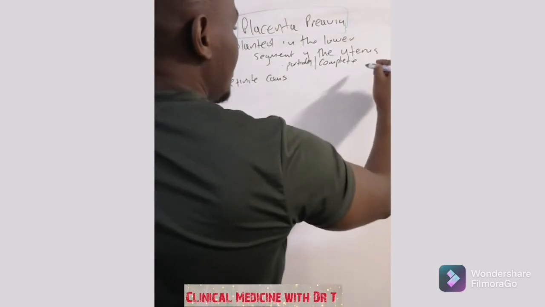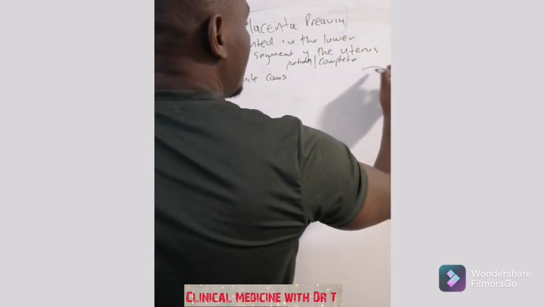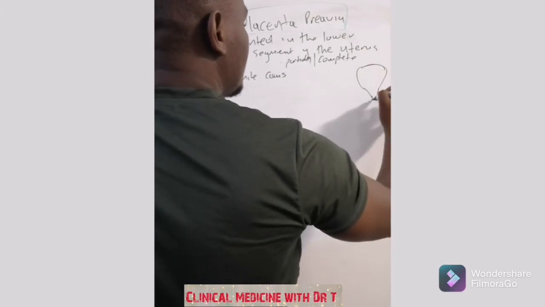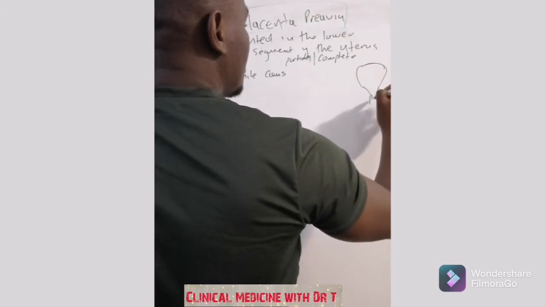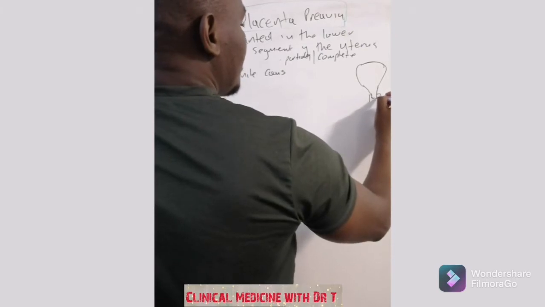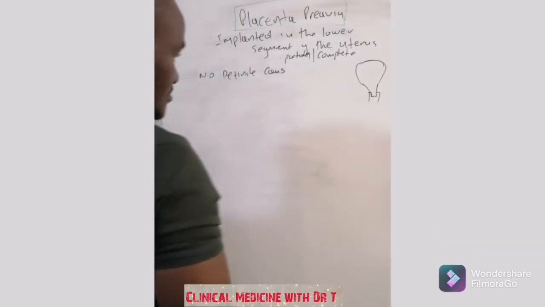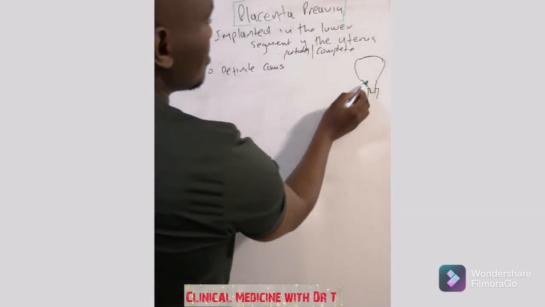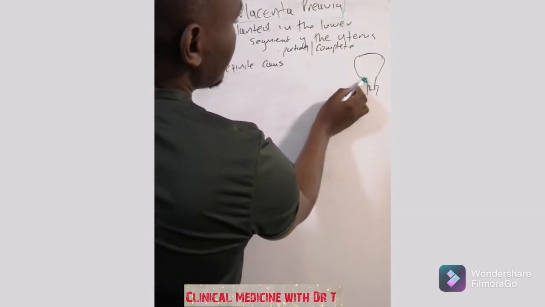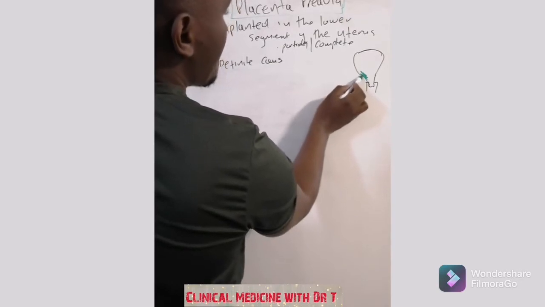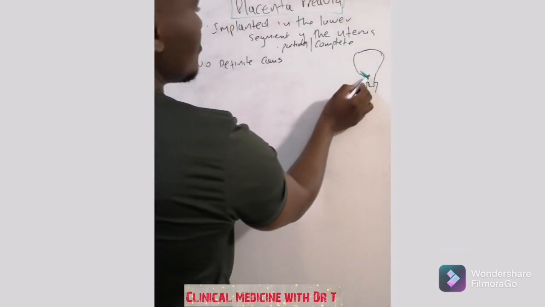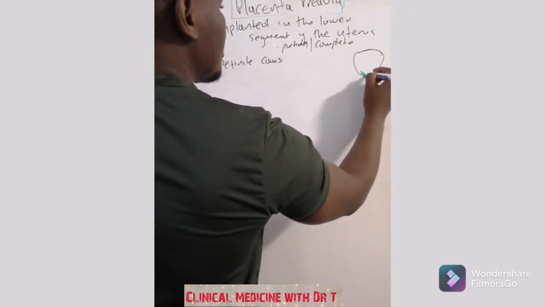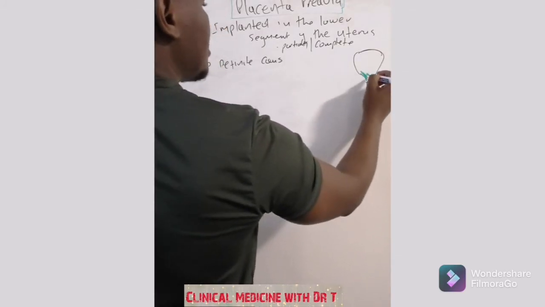So maybe I can just try and draw it here. If this is the uterus, that's the cervix, and that's the vagina. So you've got the placenta that is here, and sometimes it can implant like that.